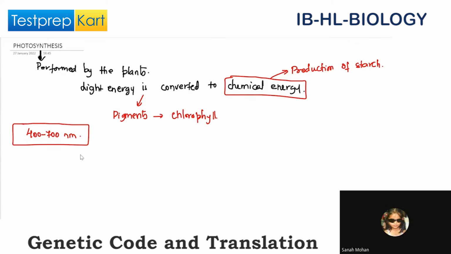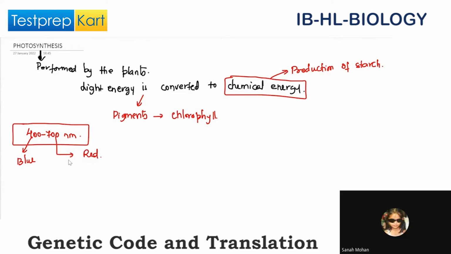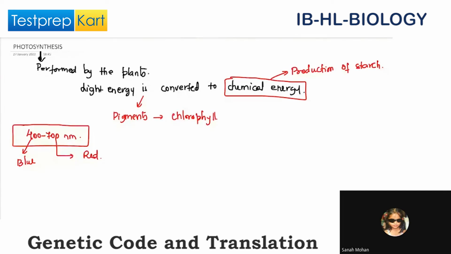That means chlorophyll will absorb the light waves between 400 to 700 nanometer only. 400 is blue light, 700 is red light.